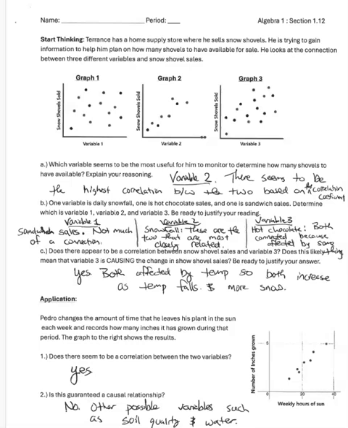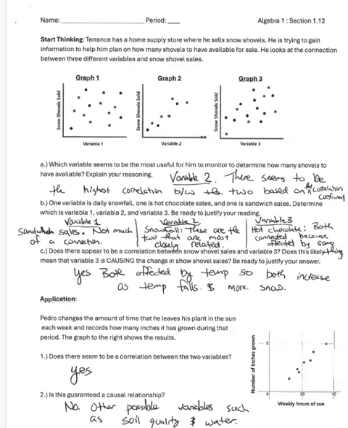Now C says, does there appear to be a correlation between snow shovels and variable 3, which we said was hot chocolate? Does this likely mean that variable 3 is causing the change in the snow shovel sales? Be ready to justify. And the answer is yes, there does seem to be a connection between them, but no, I do not think that one is causing the other.